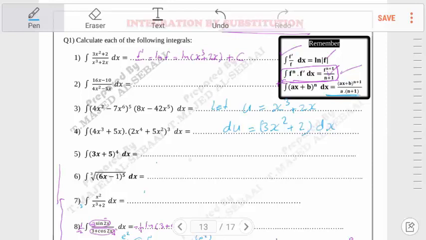Right? So the integration is going to be the integration of, see, this all is du, right? Du over, what is this? It is u. Du over u is ln u. Now substitute u again: ln of x to the power of 3 plus 2x, plus c.